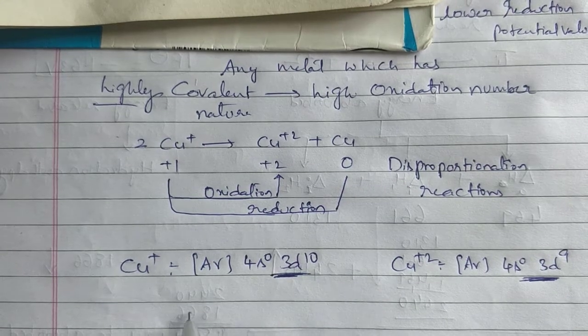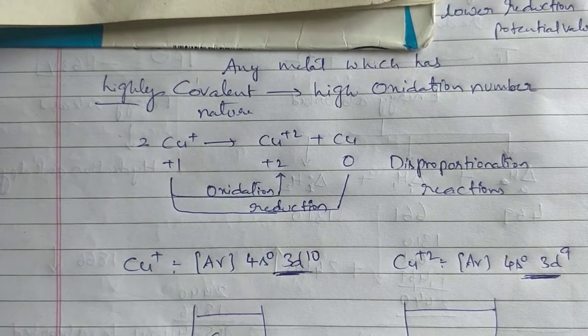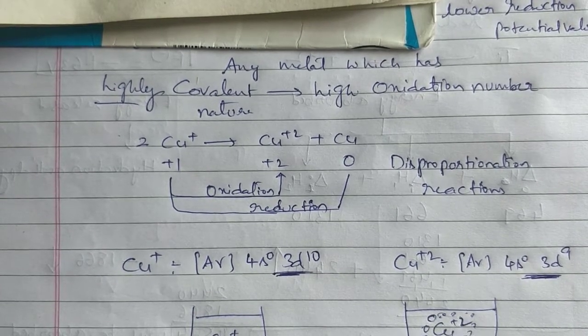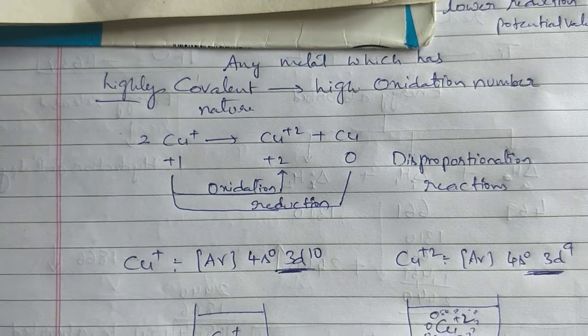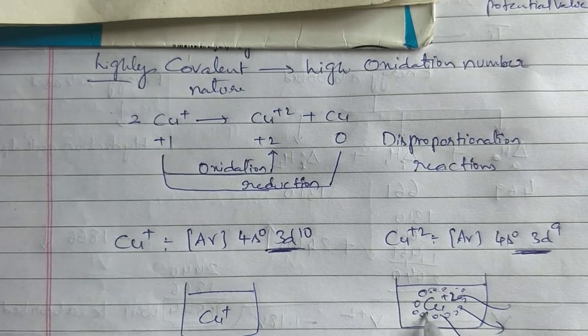But in aqueous solution, as copper contains a high charge here, +2, more water molecules will surround Cu2+ in water. When more water molecules surround it, more energy will be released.